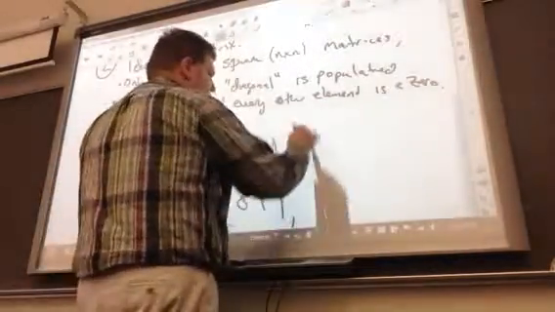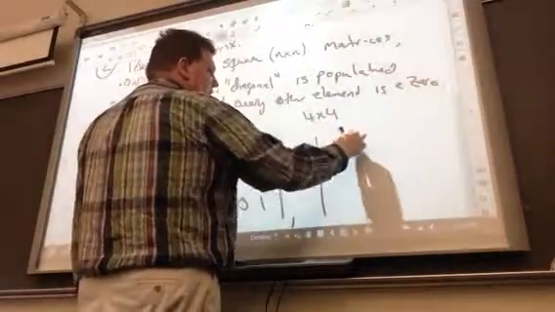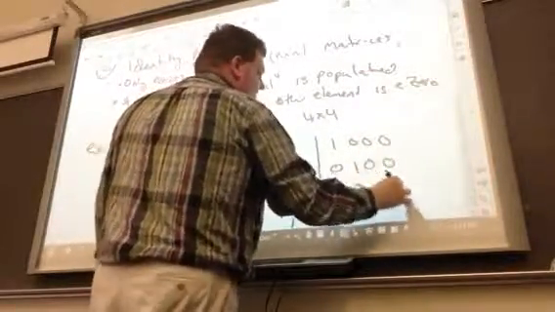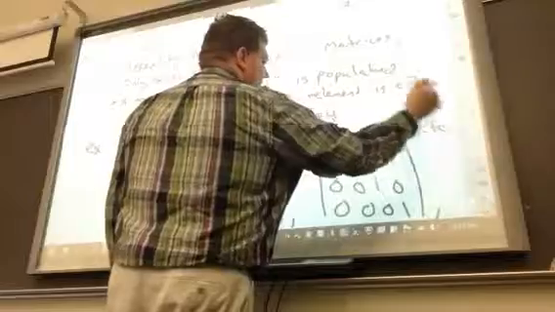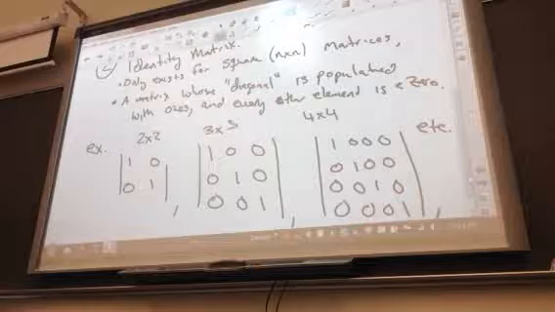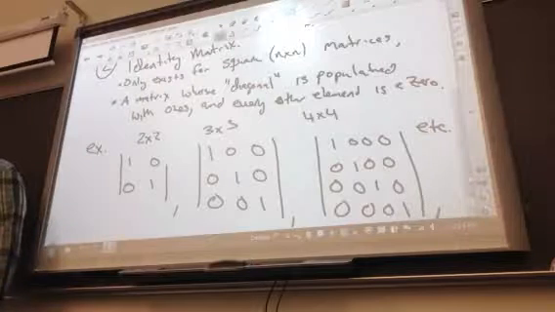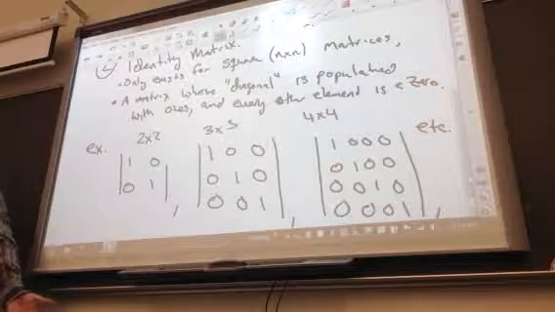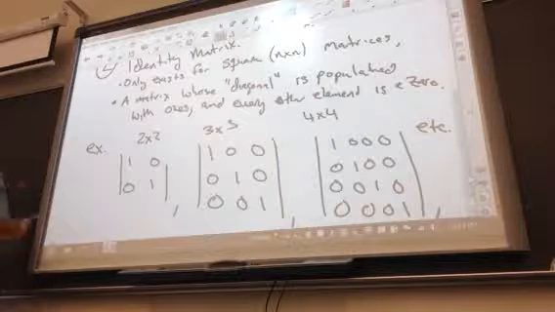The 4x4 identity matrix would be 1 0 0 0, 0 1 0 0, 0 0 1 0, 0 0 0 1, etc. And as we're going to see on Monday, the deal with the identity matrix is when we do matrix multiplication, if I multiply a matrix by the correct identity matrix, nothing happens, basically. It just gives me the same answer I started with. Everyone got that? That's basically what it's for.